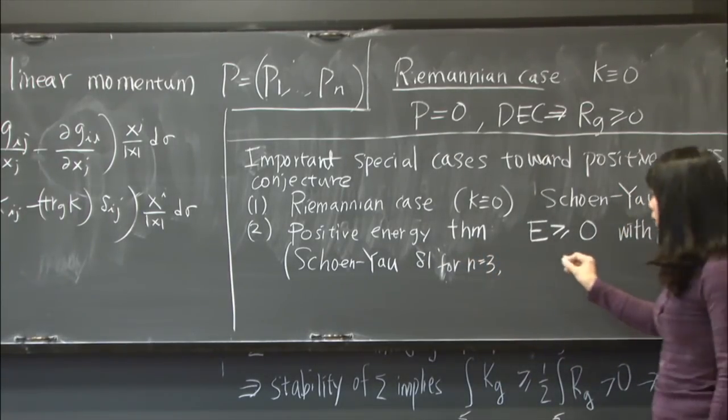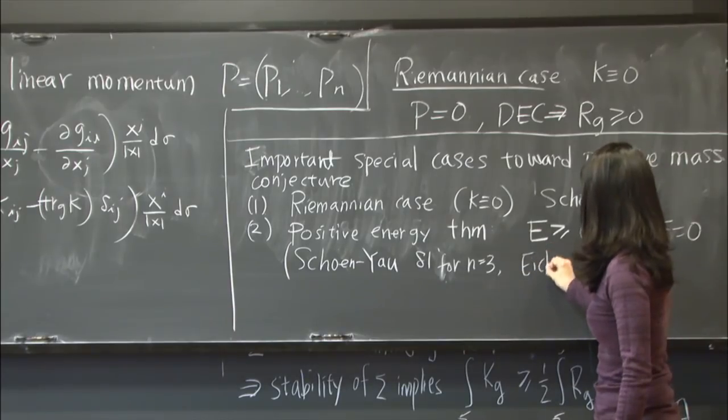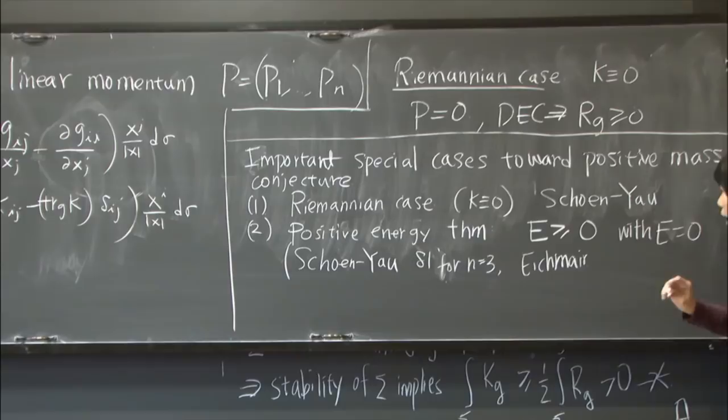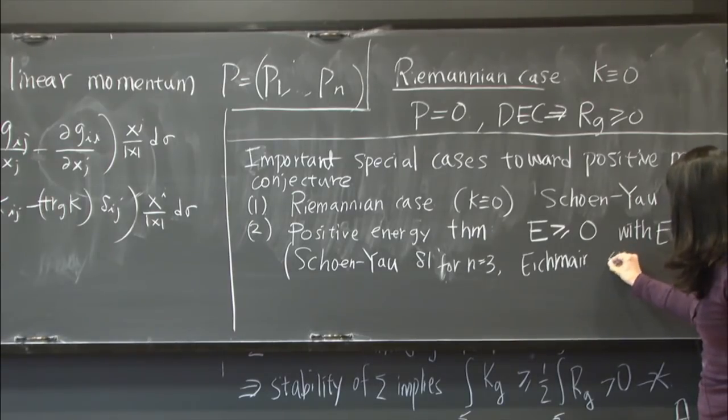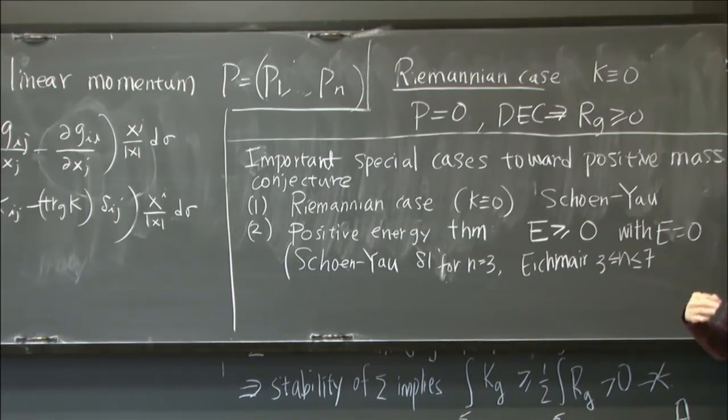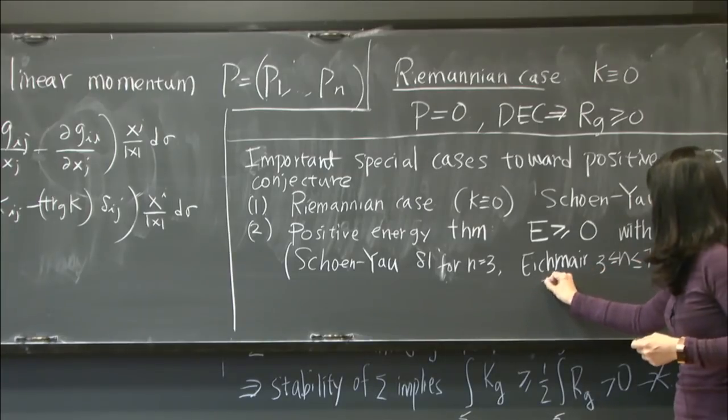And so Eichmair was able to generalize the argument to higher dimension because of the current development on a subject called marginally outer trapped surfaces, which is a generalization of minimal surfaces. So you can do that in this dimension.